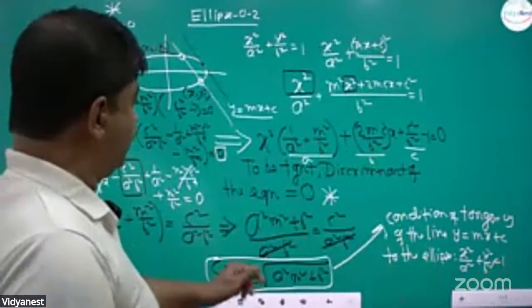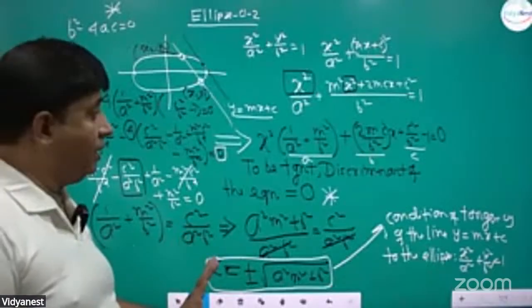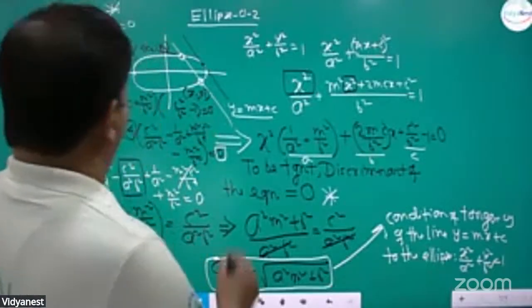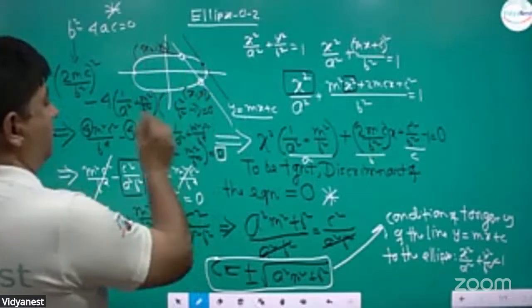Okay. So this is the condition of tangency of a line y is equal to mx plus c to the ellipse.